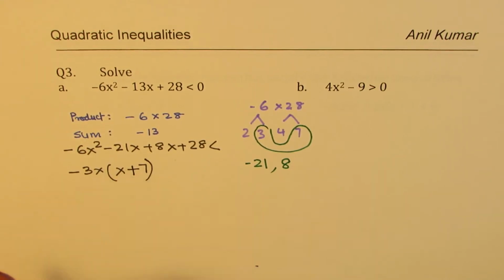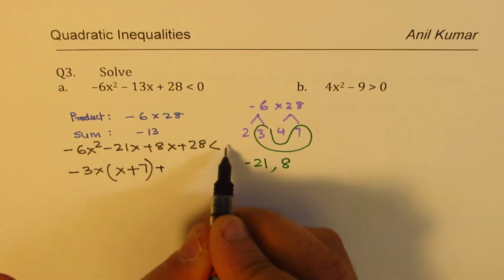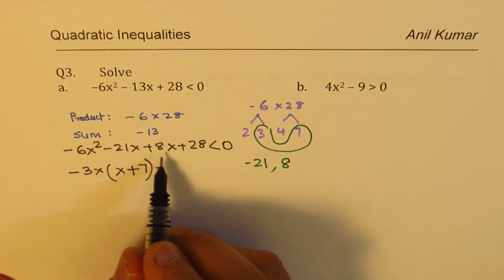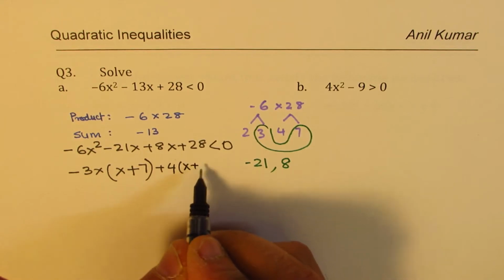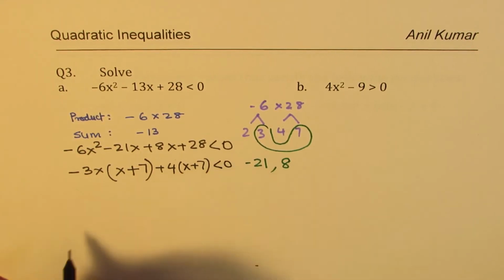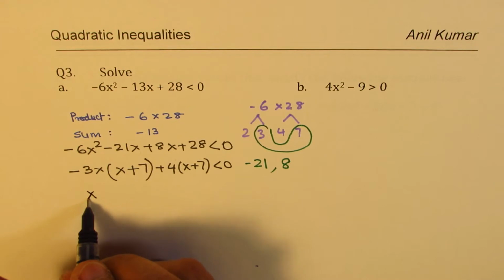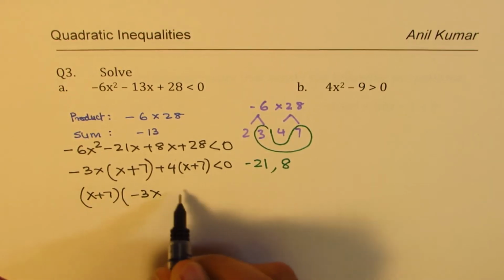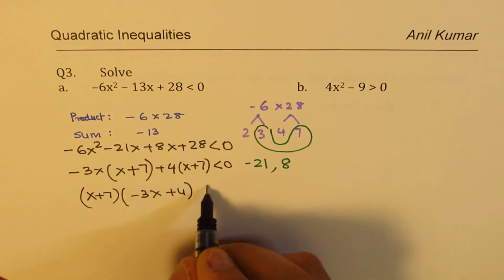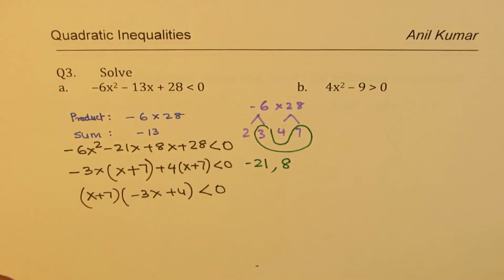Minus and minus becomes positive. In the second, we can take 4 common, so we get x plus 7 in the bracket. Now x plus 7 is common. And here we have minus 3x plus 4 less than 0. So these are the two factors which we have got.